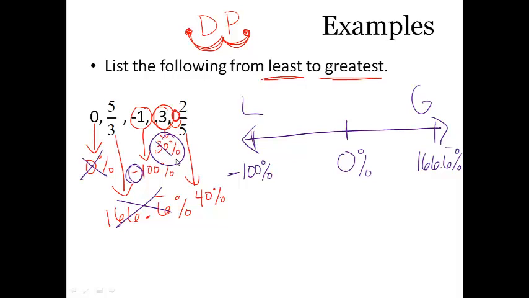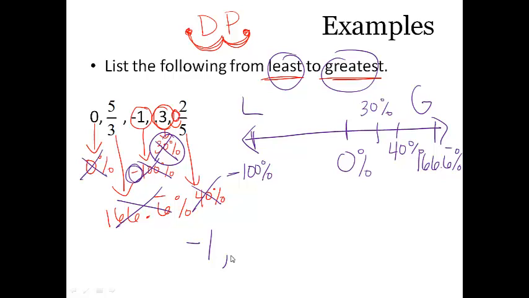Alright, then I have 30%. Well, 30% is less than 166.6%, so I'm going to put 30% right here. And then I got 40%. Well, 40% is bigger than 30%, so I'm going to put 40% right here. Now I can list my numbers from least to greatest in the original form. So 100% was -1, and then I had 0.